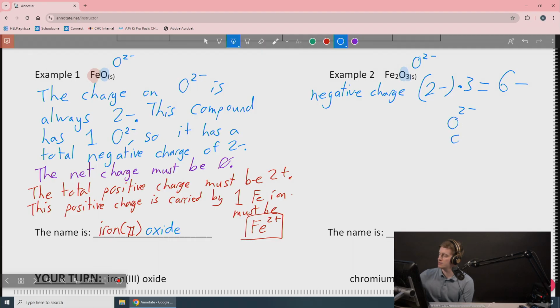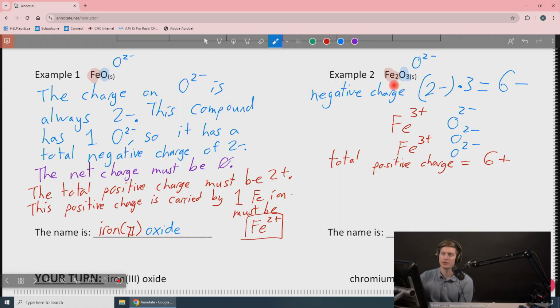To balance out these 3 negative 2 charges, we only have 2 iron ions. We need to make sure that these iron ions add up to a 6 positive, because we have a total negative charge of 6 negative. If each iron ion has a 3+ charge, then our total positive charge is also equal to 6 positive.